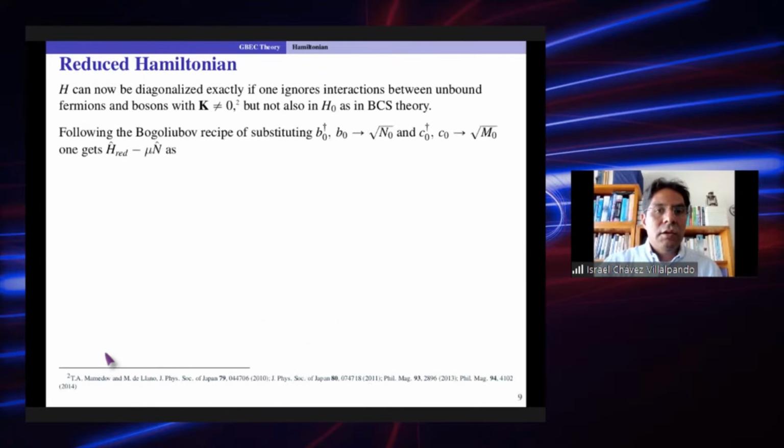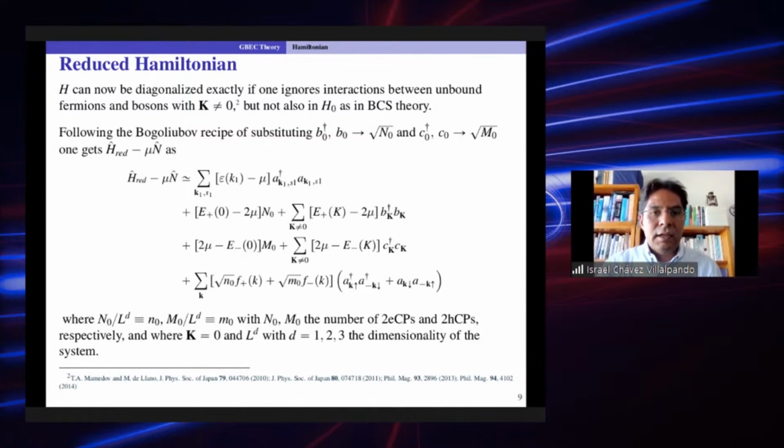So if one turns on the interactions, one has the interaction vertices to form 2 electron Cooper pairs or 2 hole Cooper pairs. This is the interaction energy to form the Cooper pairs.